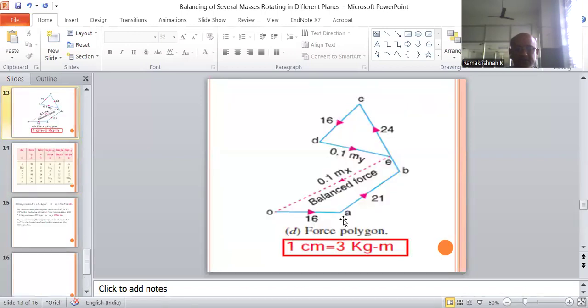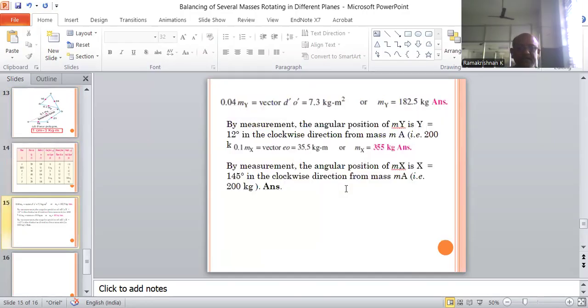Similarly, we can draw the force polygon O to A to B, B to C, C to D, D to E. Then the closing side is O to E. So OE represents the magnitude of the mass rotating in plane X, and also gives its direction. We can measure the OE vector as 35 kg meter. From that we can easily calculate the value of mx, 355 kg.